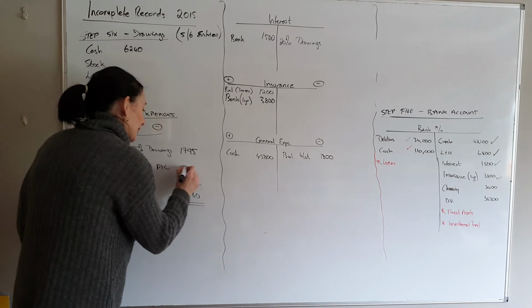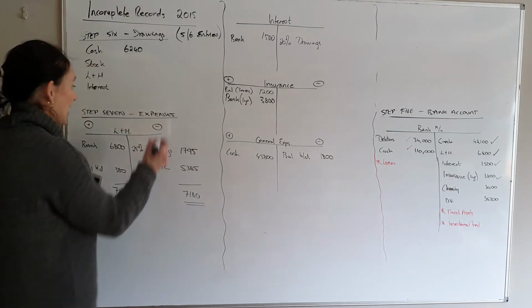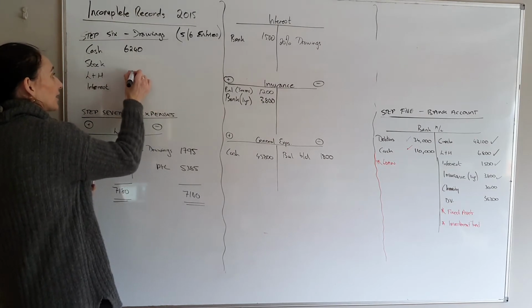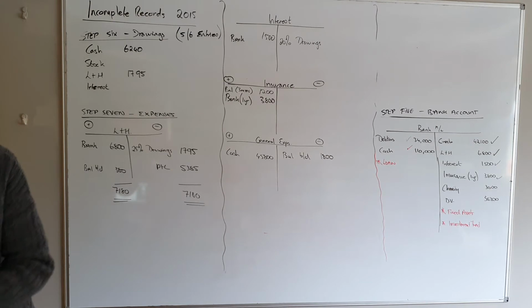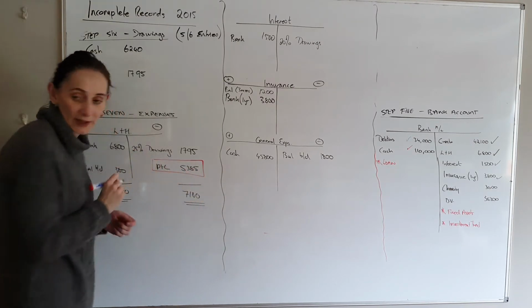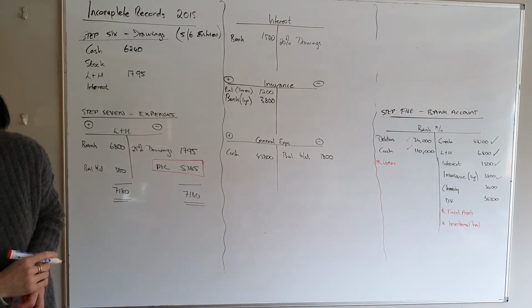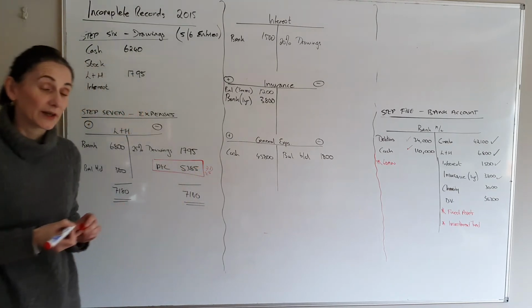So 5,385 is my figure for light and heat for my profit and loss. And my drawings for light and heat is 1,795. So again, that's the figure that you're going to put in your profit and loss. But just to tell you there, that is getting you 7% of the total marks.